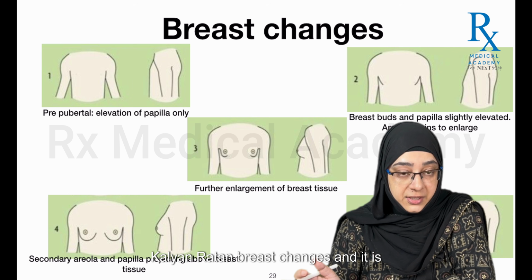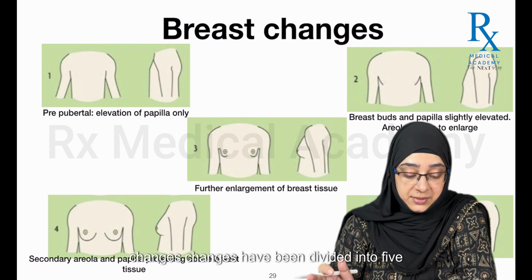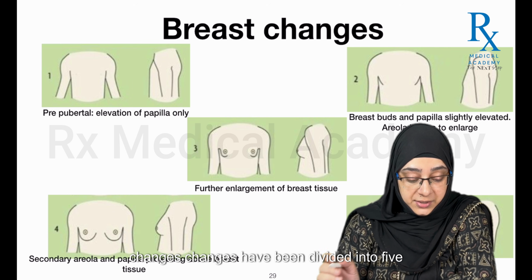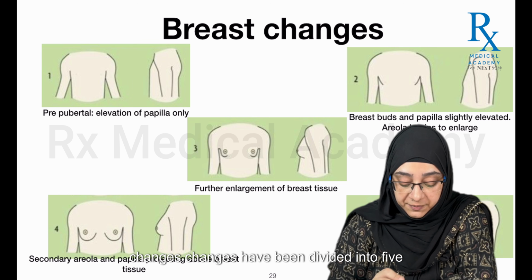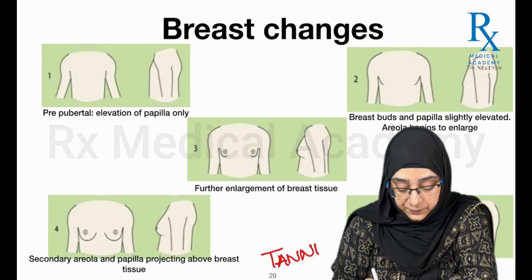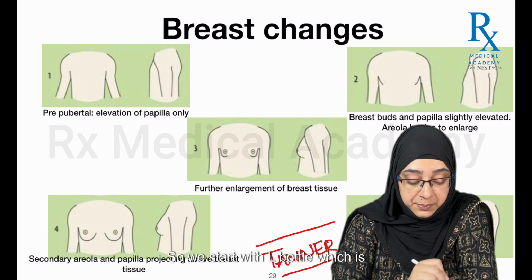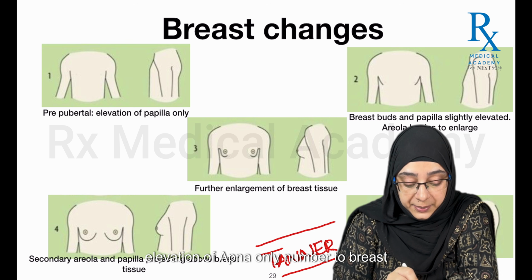Then we have different breast changes, and it is important for you to remember these breast changes. These have been divided into 5 stages, popularly known as Tanner stages. You have to remember these stages. We start with prepubertal, which is elevation of the papilla only.